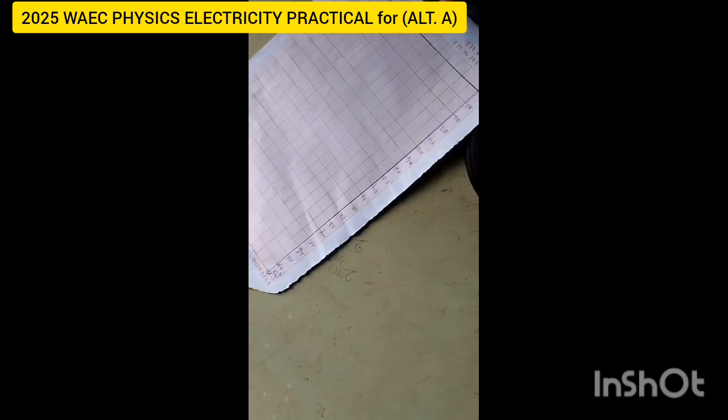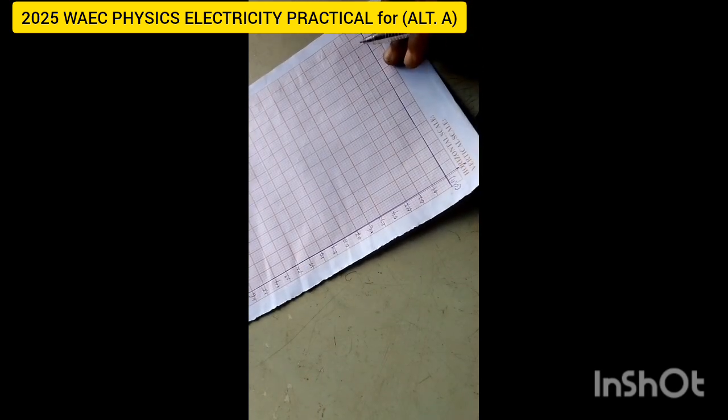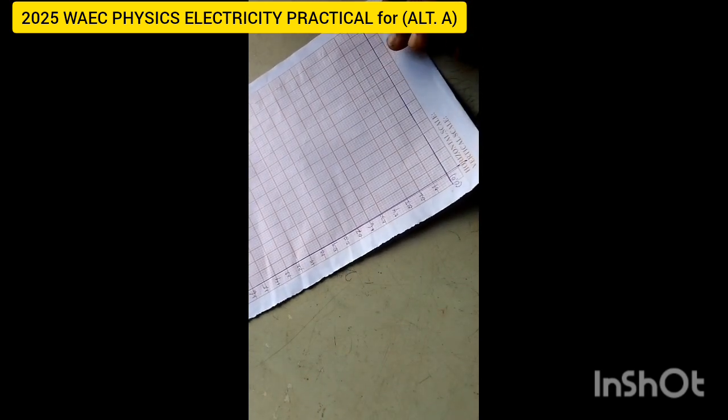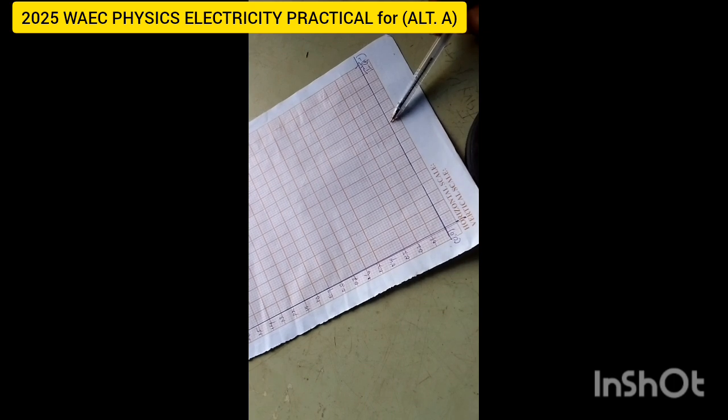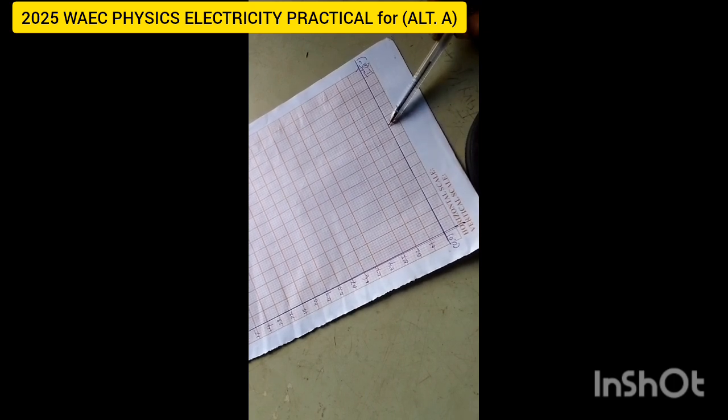So remember, now on the horizontal axis, the rule is that the highest score must occupy at least 2/3 of your graph. So it must occupy somewhere here. Looking at what we have, the least is 2.04, while the highest is 4.5.